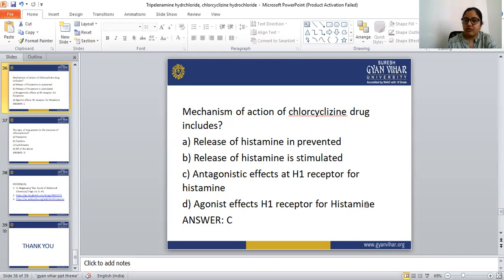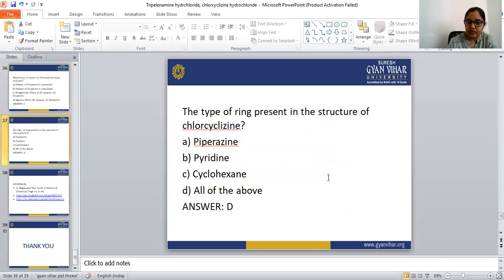So the answer is C. Next question is the types of rings present in the structure of chlorcyclizine: piperazine, pyridine, cyclohexane, or all of the above. Chlorcyclizine contains a piperazine ring, pyridine ring, and cyclohexane, so the answer is all of the above.